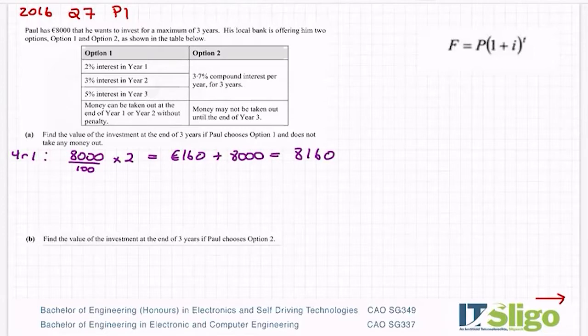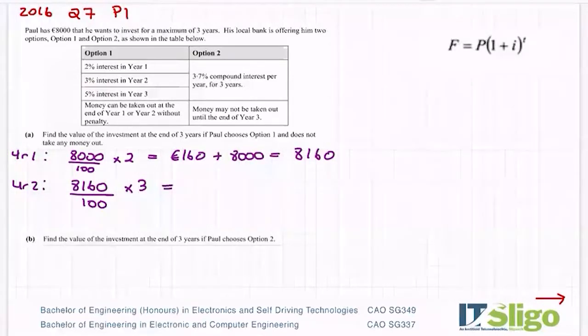Okay, so in year 2, you start off with 8,160 because you've already earned €160 interest. And again, I need to get 3% of it this time because that's what this deal gives me, 3% in year 2. So 8,160 on my calculator divided by 100.